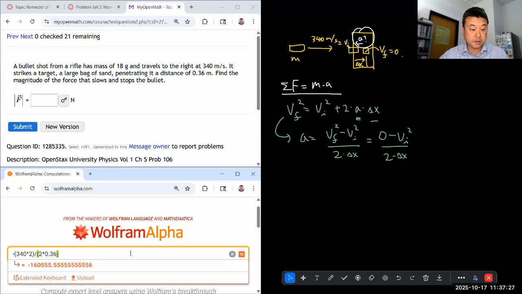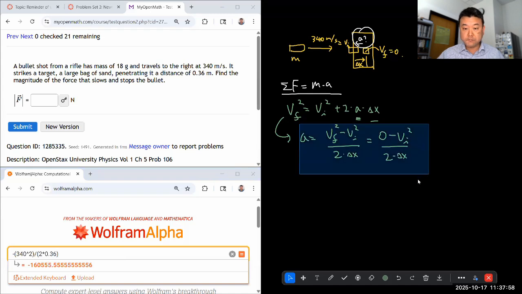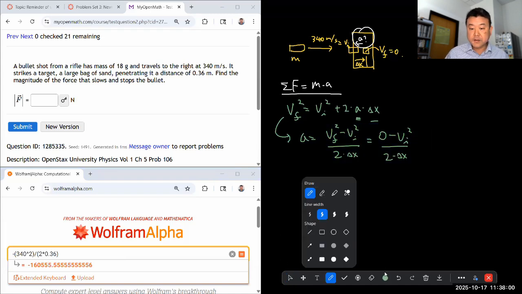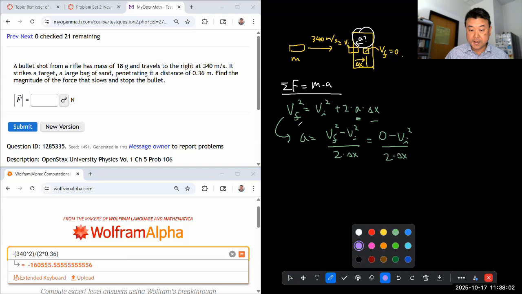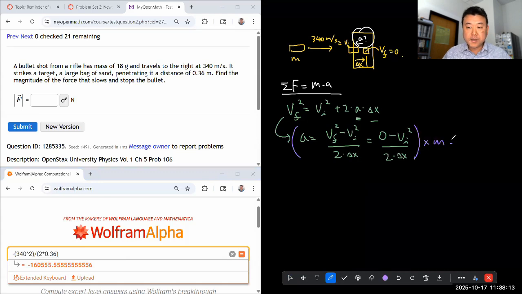So this is the, oh wow, is it really that big? So 340 squared, yeah, that seems large, but that's probably right. So that's my acceleration, and once I have my acceleration, then I can multiply that with the mass to get net force. So let me just multiply this with the mass. I'll just convert from gram to kilogram on the fly.